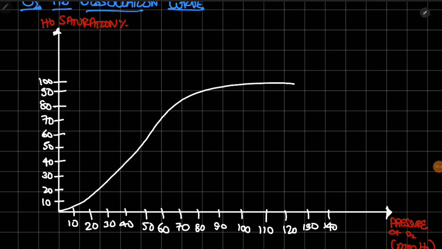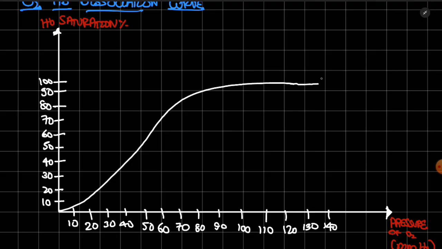So what is the meaning of this graph? The Hb saturation, what is the pressure of oxygen? So basically the Hb saturation at 140 millimeter of mercury pressure is around 100%, 99 or 100%, where the O2 pressure is around 140 to 145 millimeter of mercury.